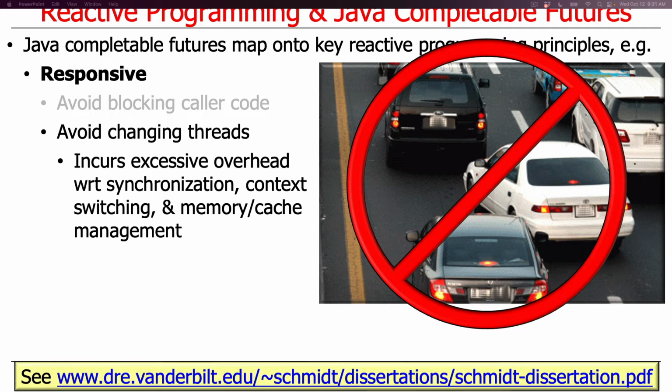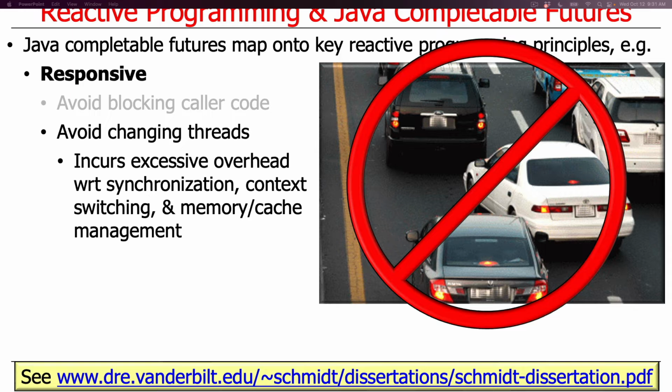Another issue that makes things potentially less responsive is changing threads when you don't need to, unnecessarily moving stuff between threads. The reason that is a problem is because it incurs too much overhead with respect to various hazards or properties of doing synchronized and concurrent interactions in a multi-core or multi-processor system.